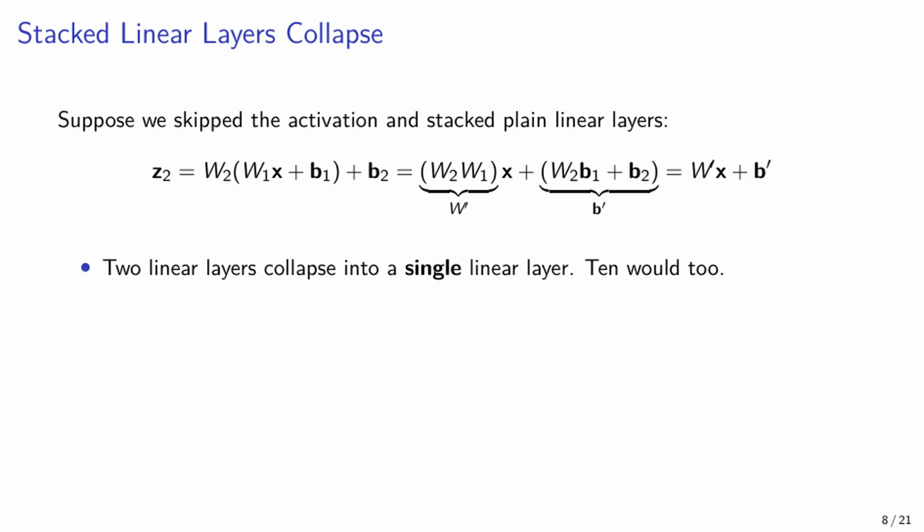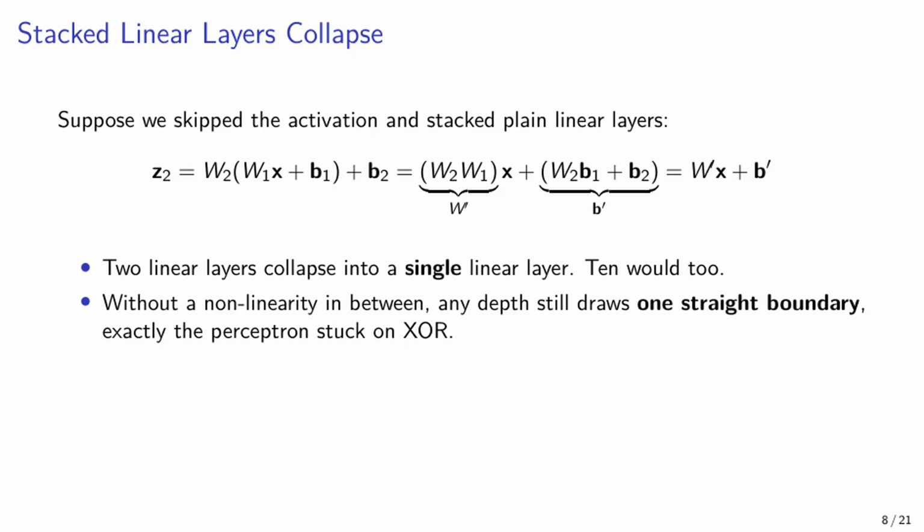The combined weight is W2 times W1. The combined bias is 1 vector, and that is it. 10 layers would collapse the same way. So without a nonlinearity in between, any depth at all still draws one straight boundary.